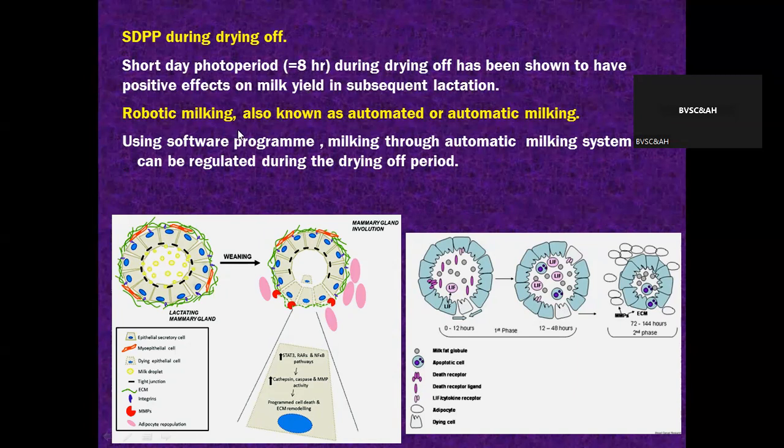You can even use automated systems, artificial intelligence, for taking the animals to the dry-off period. In case of drying off, you'll see these tight junctions, these are epithelial cells, these are stromal cells, these are myoepithelial cells. And then you see these dying cells here. This is the loss of those tight junctions.